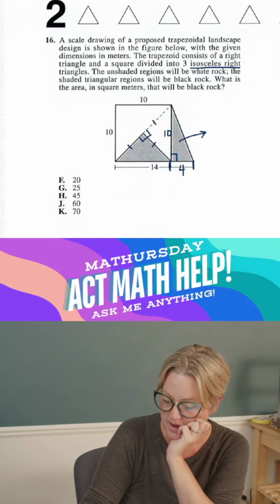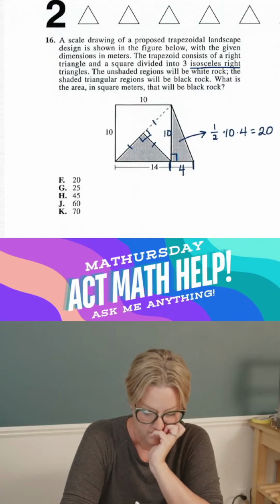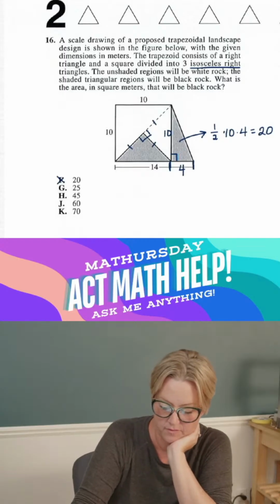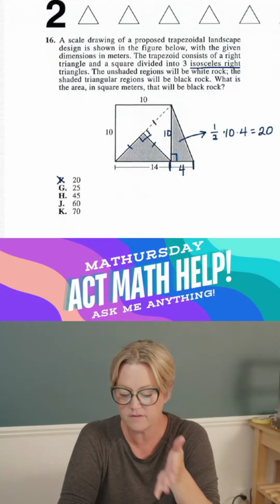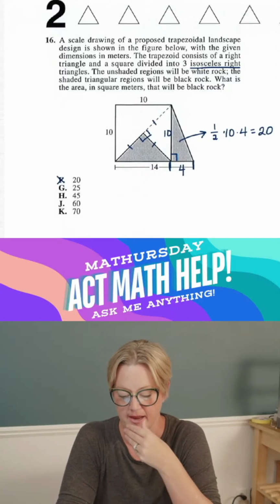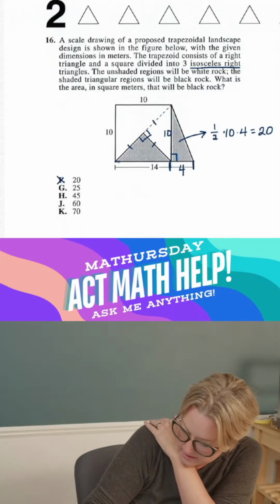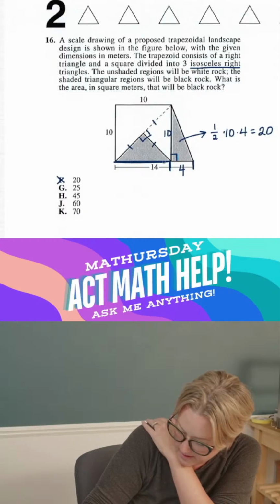That's going to be 1/2 times 10 times 4, which is 20. Right off the bat, I know that it's not going to be F, because I already know that one of those triangles by itself is 20. Now here, this side length is 10.